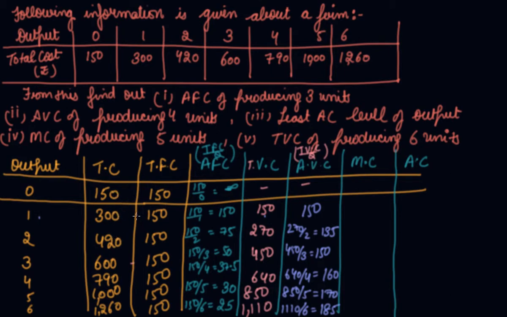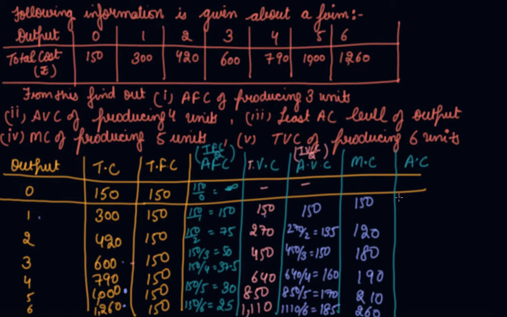Here the addition is 300 minus 150, which is 150. 420 minus 300 is 120. 600 minus 420 is 180. Now 790 minus 600 is 190. 1000 minus 790 is 210. And 1260 minus 1000 is 260, which is your marginal cost.